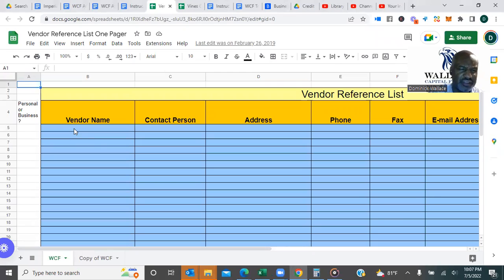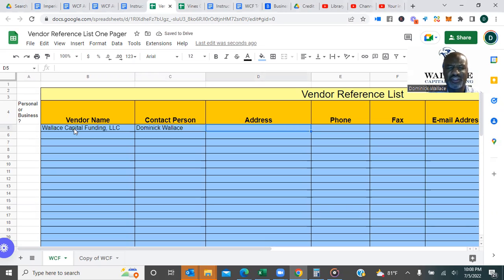So how do you use this? For the vendor name, you would put the name of the company. For example, if you're a client of ours, you put the name of our company. Then the contact person in the company that is going to take that vendor reference, so hopefully it's someone that you have a good contact with, and that's my name.